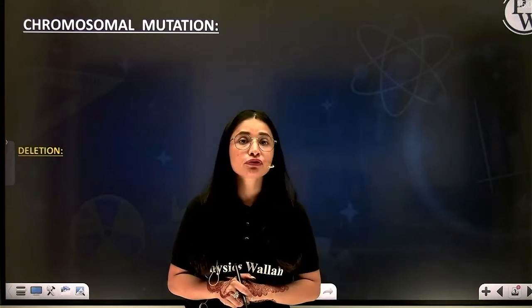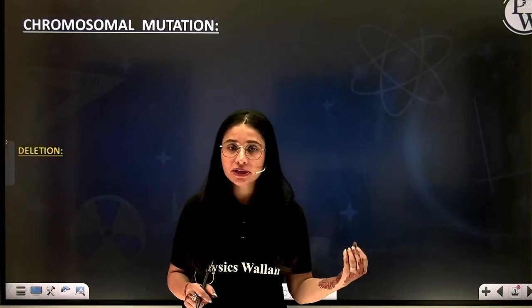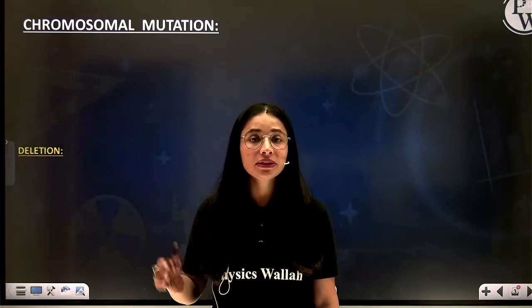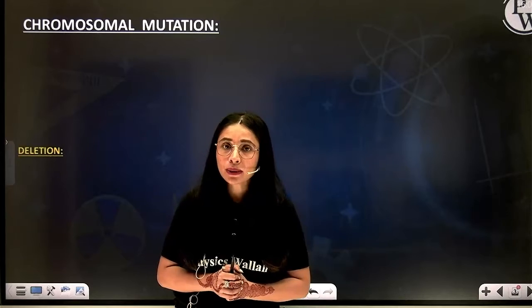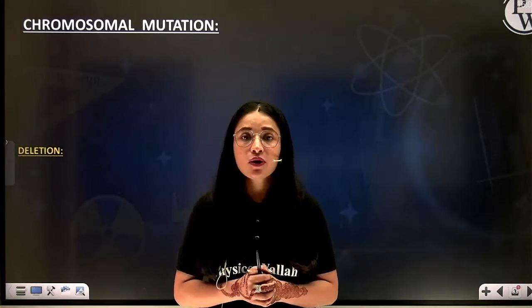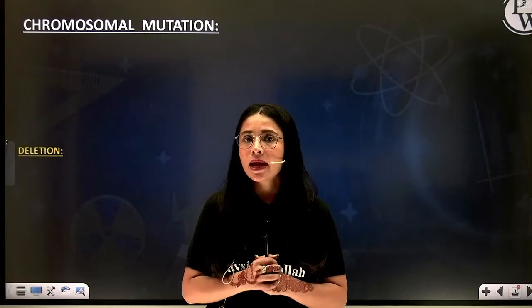Right? Now beta, mutations can be of three types. Gene mutation, that we have already discussed. Today we are going to discuss chromosomal mutation and genomic mutation. Along with this, we are also going to discuss the agents causing mutation, that is mutagens.